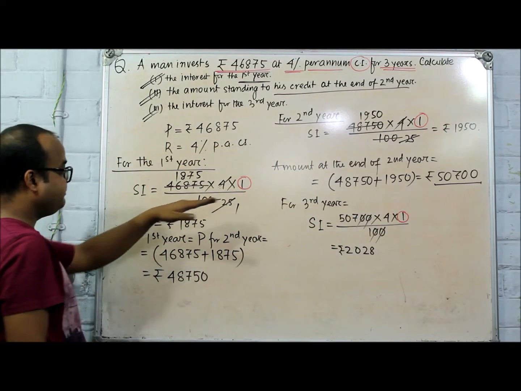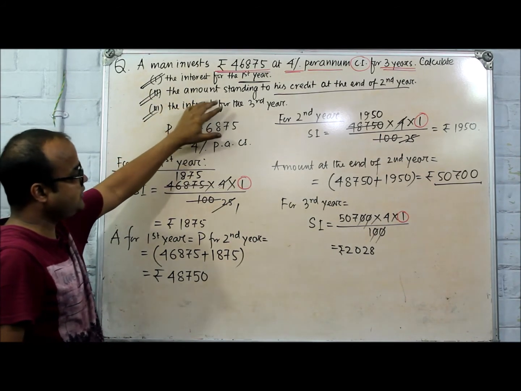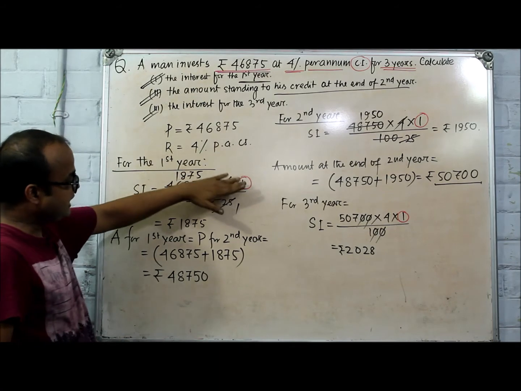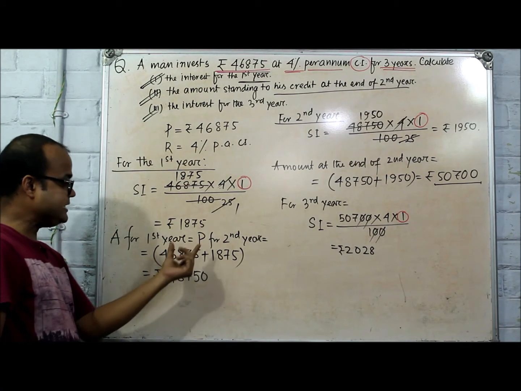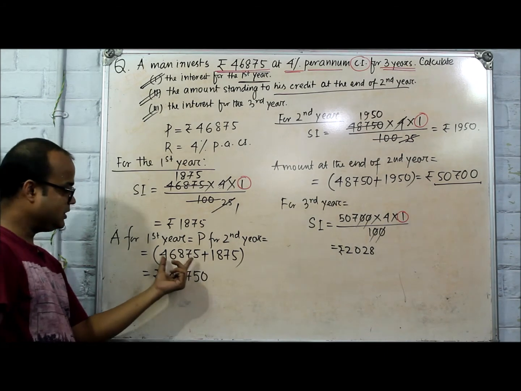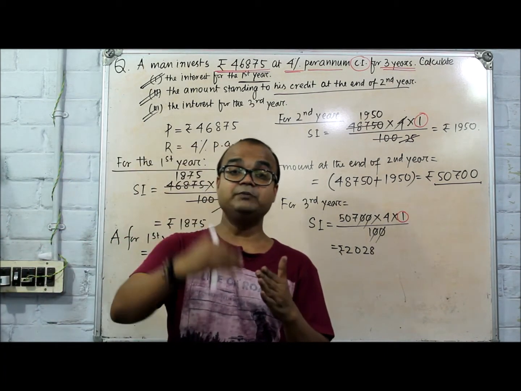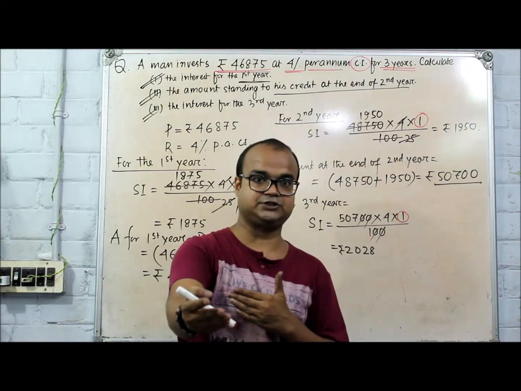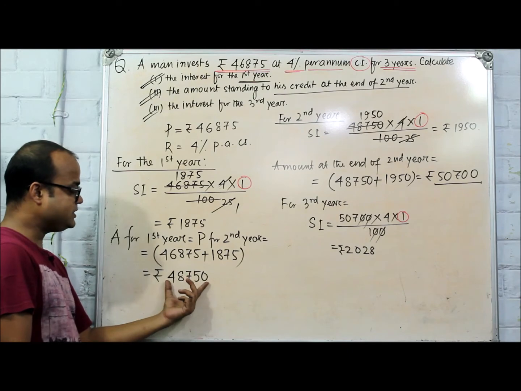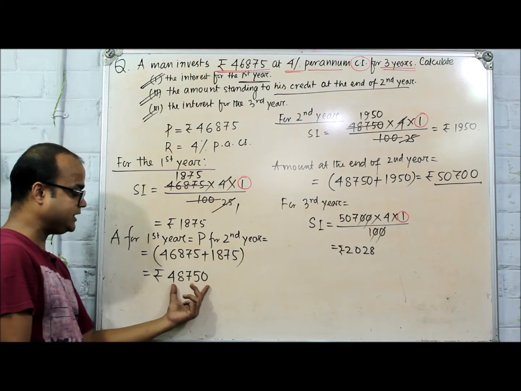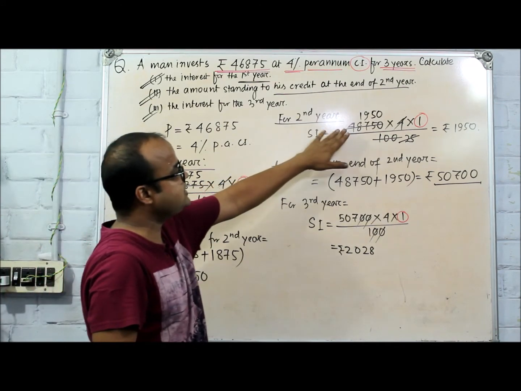So at the beginning, your principal is 46,875. At the end of first year, whatever the interest earned is added with your principal. So amount at the end of a particular year will become the principal for the next term. Now see, at the end of first year, the amount is equal to 48,750. That will become the principal for the second year.